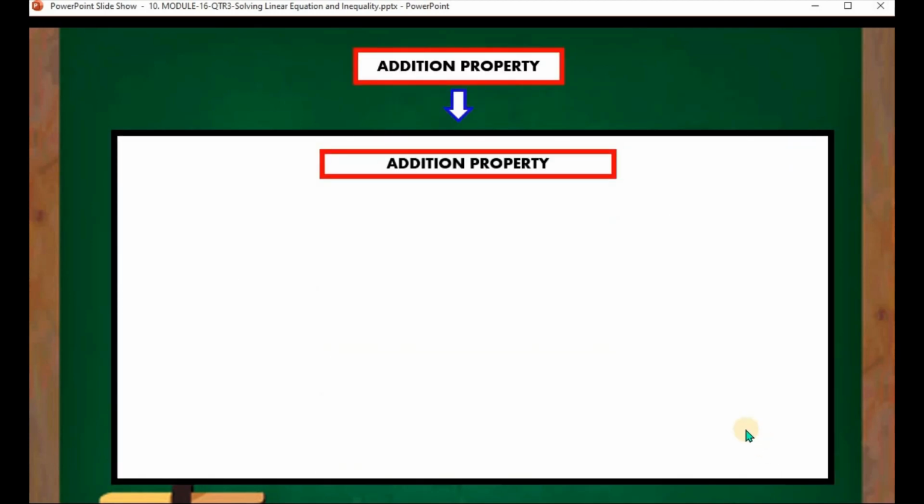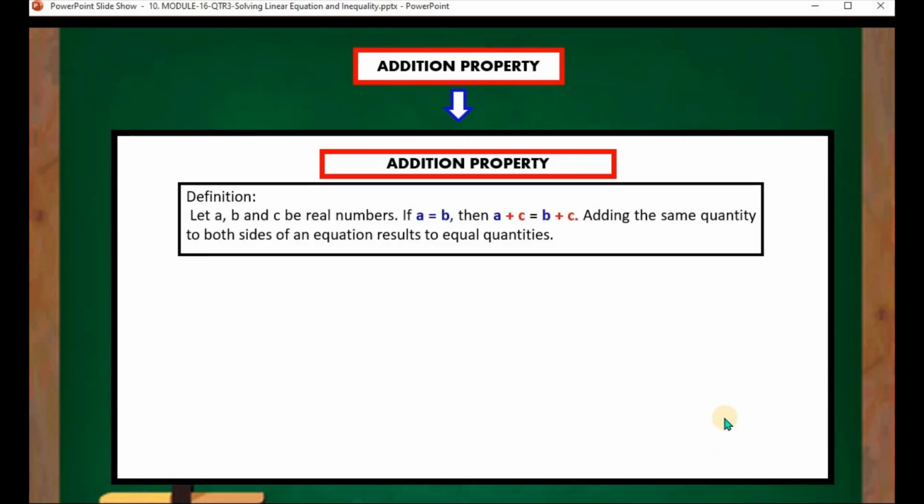Next, meron din tayong tinatawag na addition property ng equality. Ano naman ibig sabihin nito? Since we are talking about equations, isipin nyo na lang, we are dealing with balance. Balancing beam, yung weighing scale na may sa kanan, may sa kaliwa, yung sa justice.